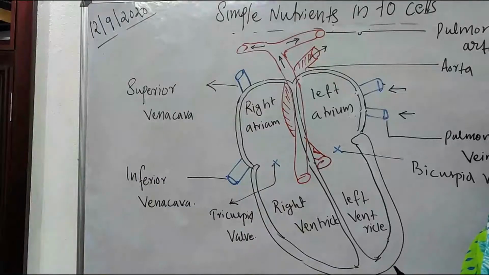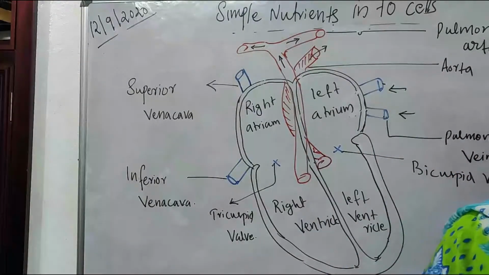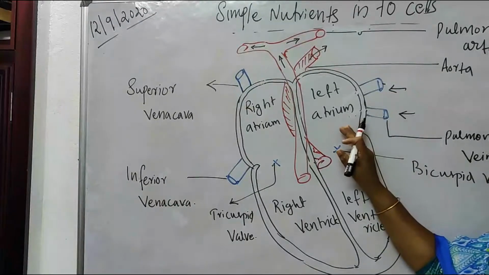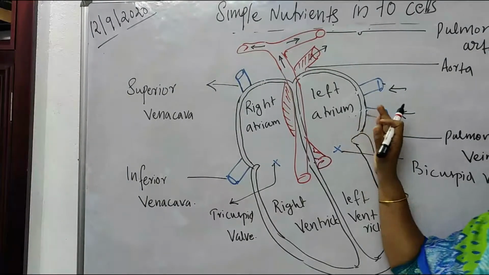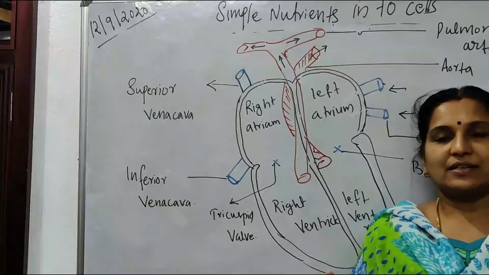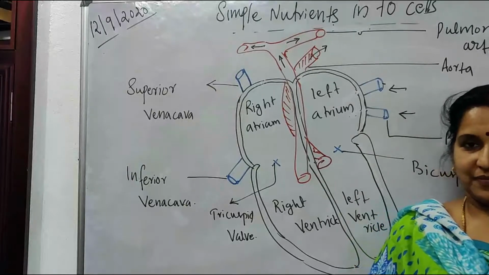Location of the heart, position of the heart, size of the heart, and also the structure of the heart we have studied with the help of the slide. But this diagram I have drawn here is one of the easiest diagrams that you can draw in your notebook as well as for your exam.